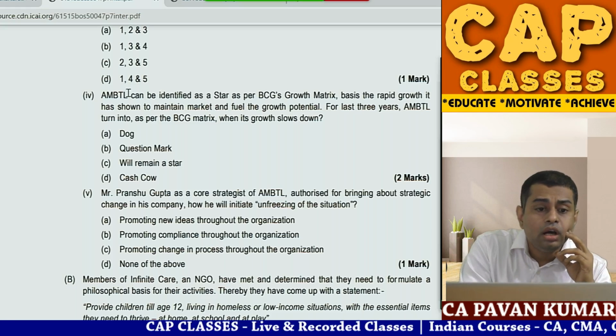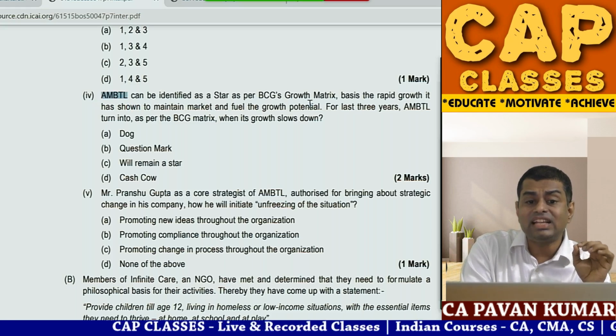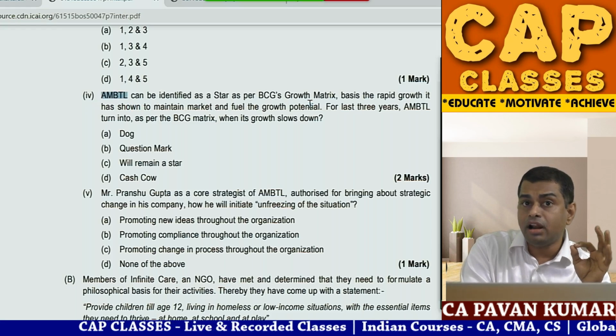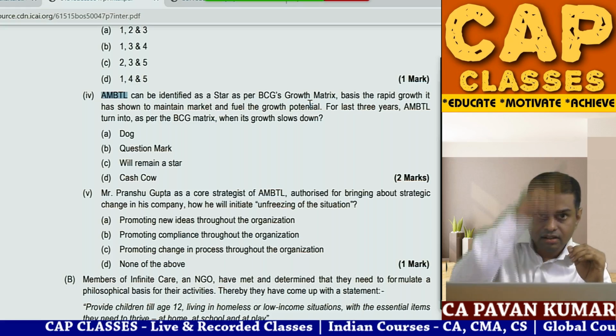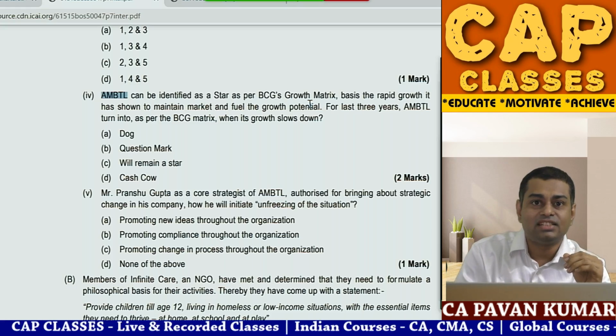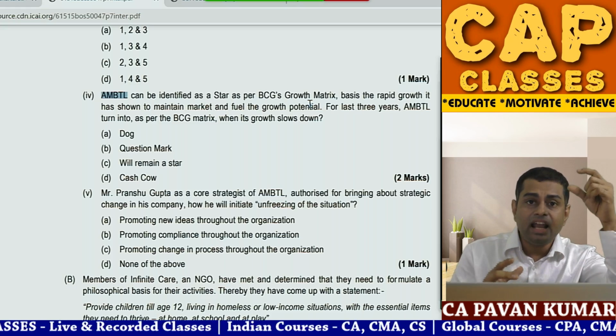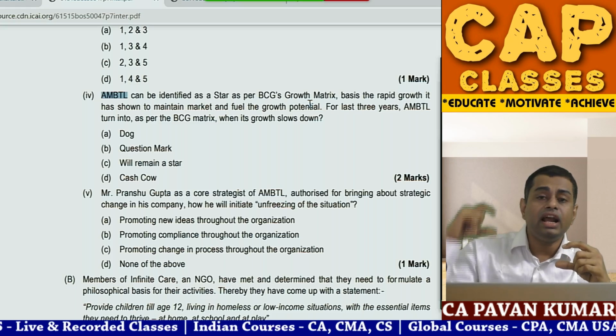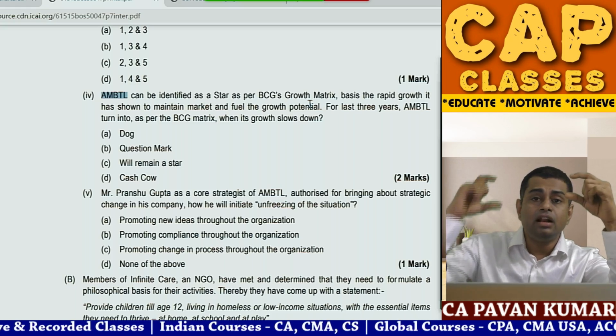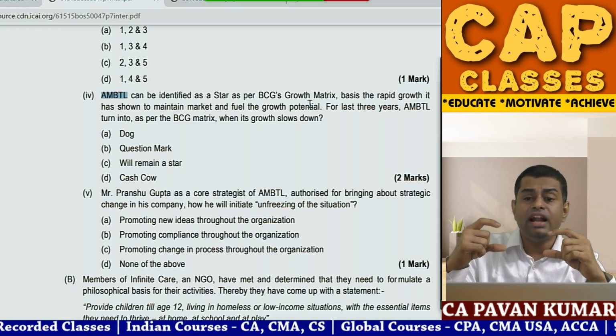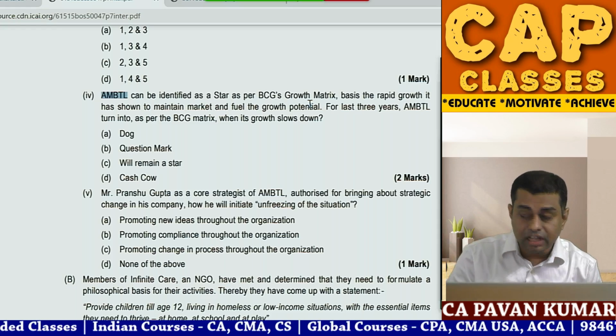So as of now, the company is a star in BCG. BCG, you remember? Y-axis, what is that? Market growth. X-axis, market share. High, low, low, high and low, low. So star will be there, question mark will be there, cash cow will be there, and the fourth one, dog will be there.